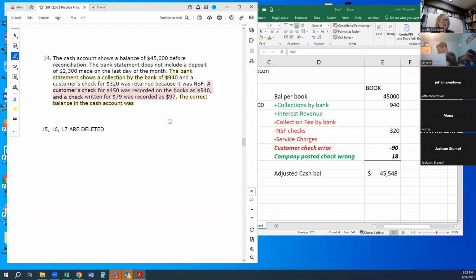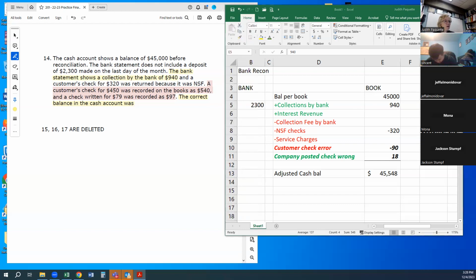In one of the PowerPoints, it said note receivable. They don't say note receivable, they say note. They'll say the bank statement shows a collection of a note for $940. If they don't tell you it's a note, always assume it's accounts receivable. If they tell you it's a note, then it's notes receivable. Okay.